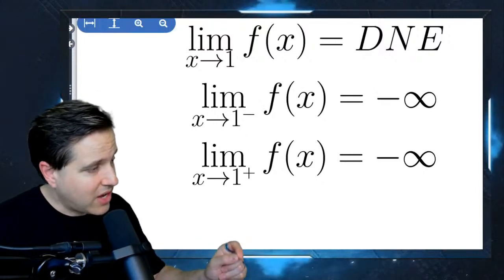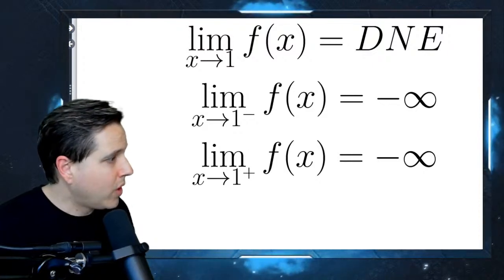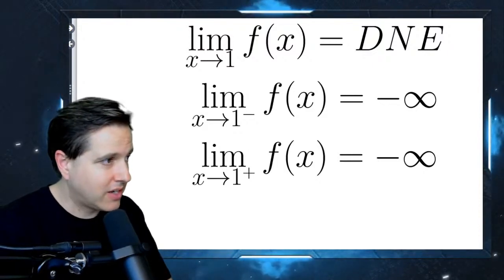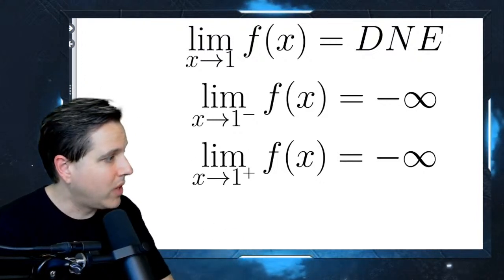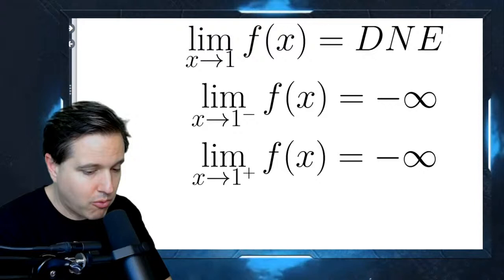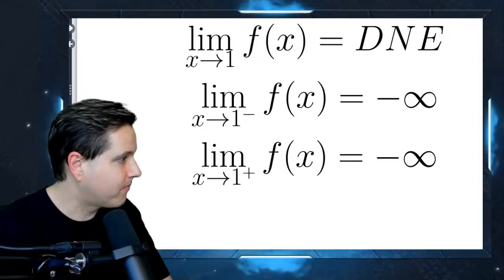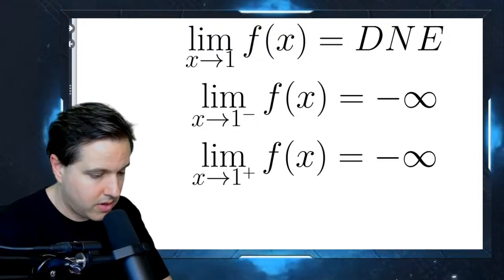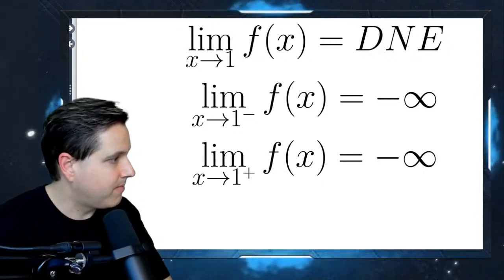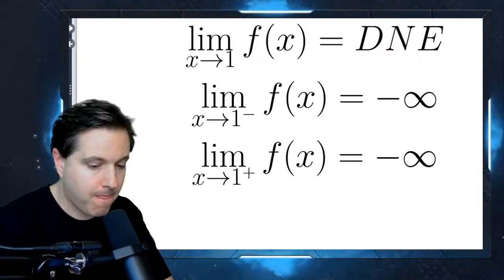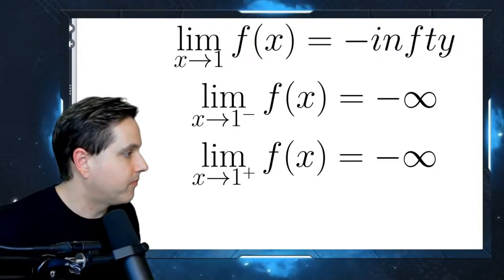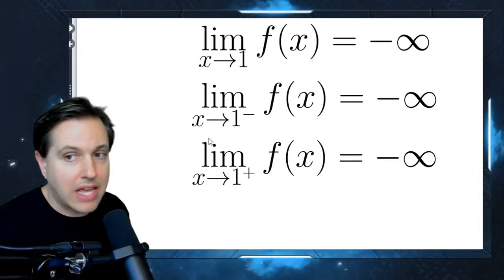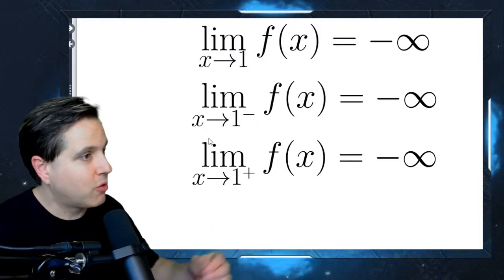So in this case, since they agree, we would write negative infinity, instead of writing does not exist for the limit. Technically it doesn't exist, but we give ourselves a better clue by writing that it's negative infinity. So when they agree, we still write negative infinity.